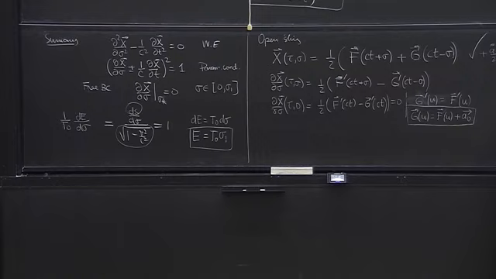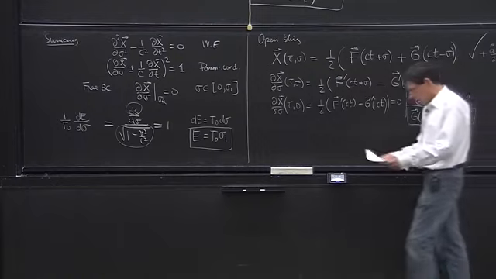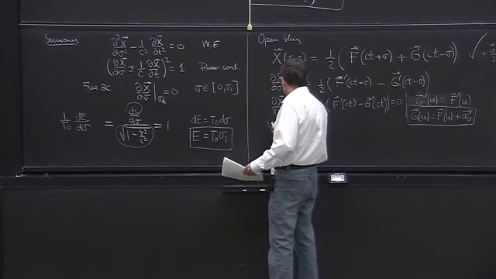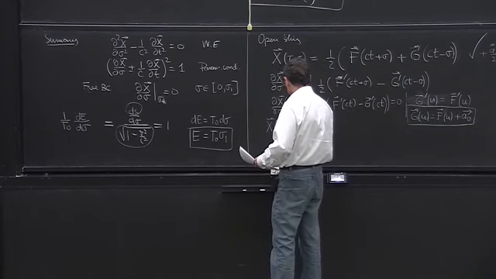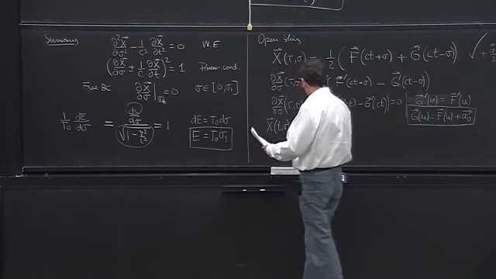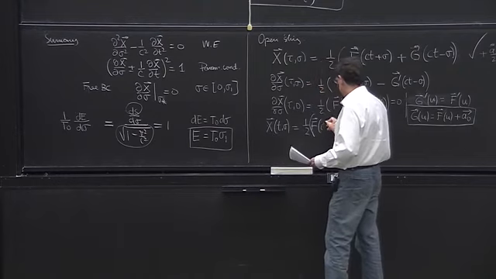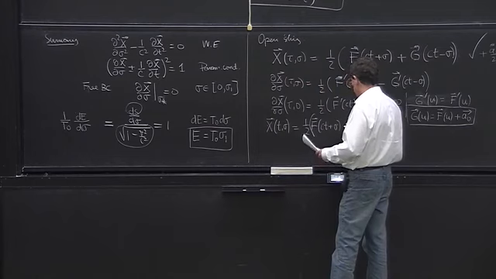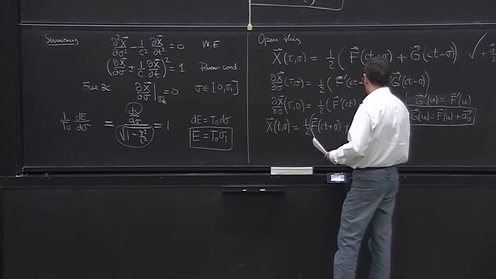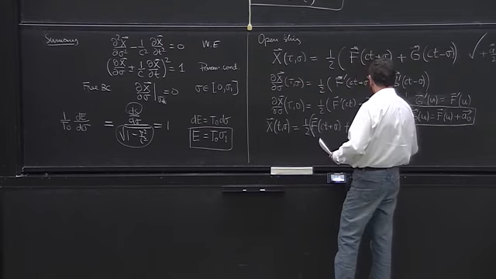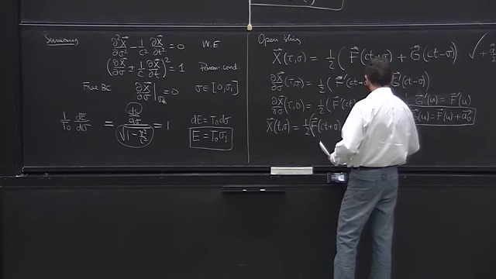That's another way of thinking that at the end of the day, what we have learned from here is that x of t and sigma is equal 1/2 of f of ct plus sigma plus f of ct minus sigma. And that's the whole thing.